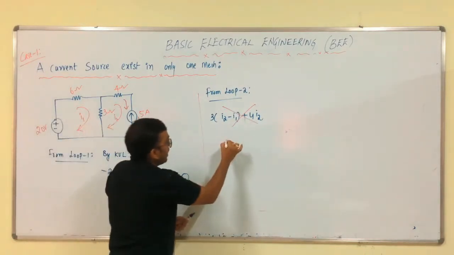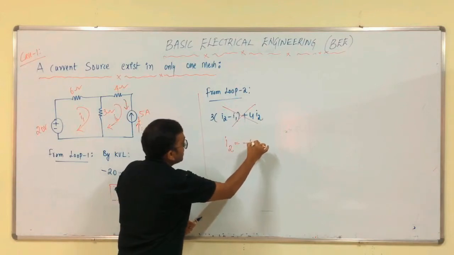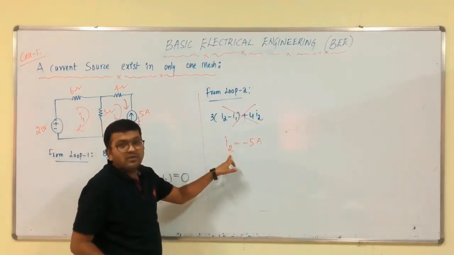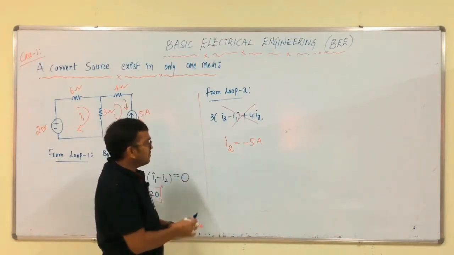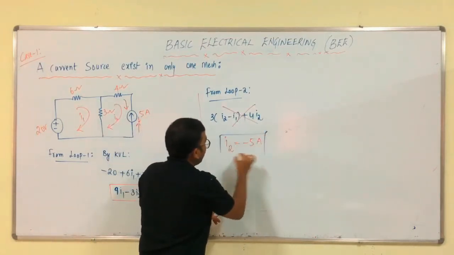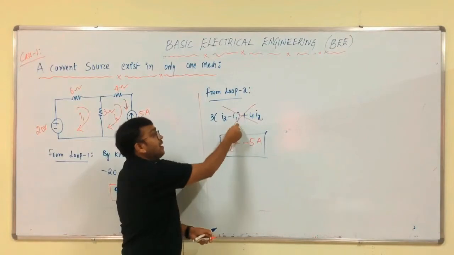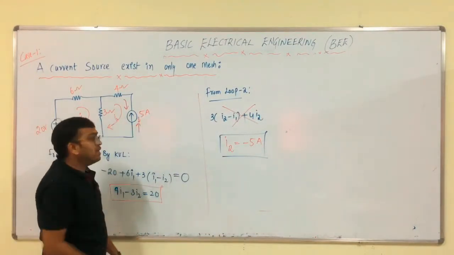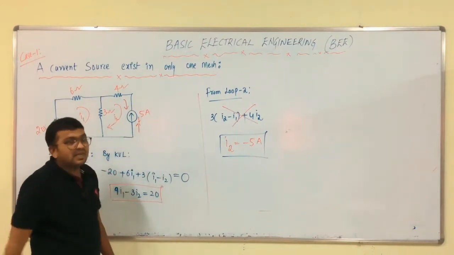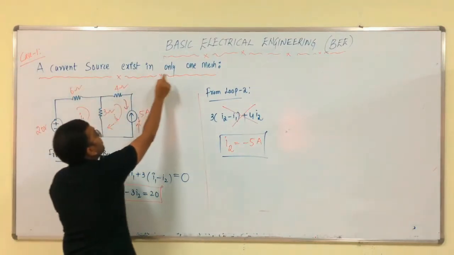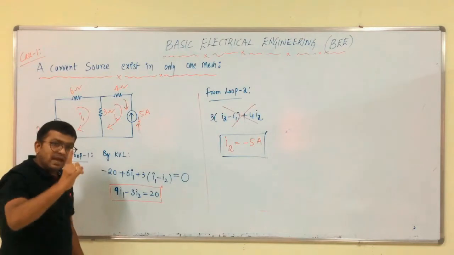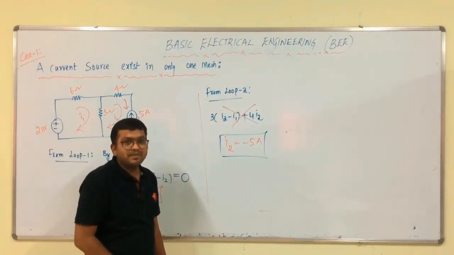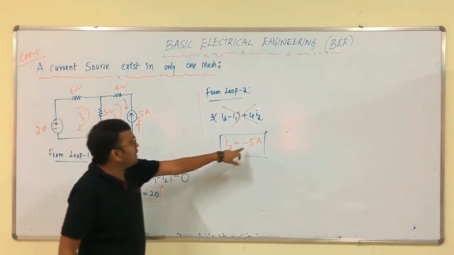So we have to get I2 equal to minus 5 amps. It is opposite to the assumed current direction. No need to write any equation, because in the problem itself the examiner mentioned the value of the current. That is why, when a current source exists in only one mesh, we get one current by default. Simple, I2 is equal to minus 5.